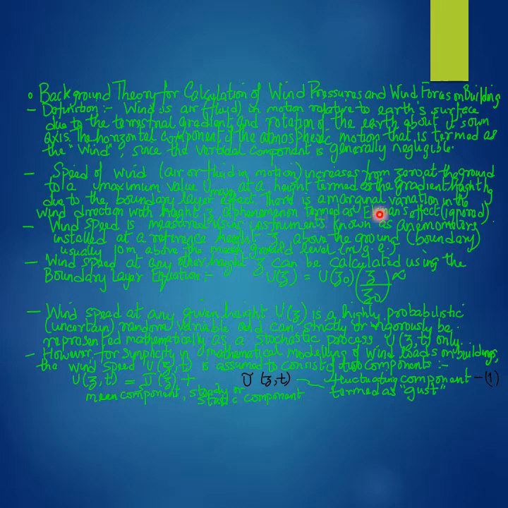There is a marginal variation in the wind direction with height from the boundary denoted as Z, a phenomenon that is termed as Ekman's effect.